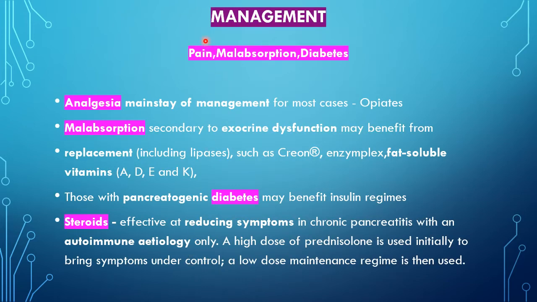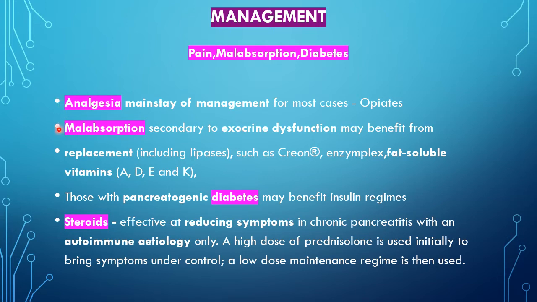Now we come to the management of chronic pancreatitis. The three main factors to consider in the management of these patients will be pain, malabsorption, and diabetes. For the pain, normally they are given analgesics as the mainstay of management in most cases, and many of these patients become dependent on the use of opiates.